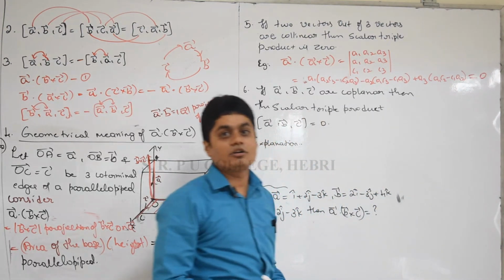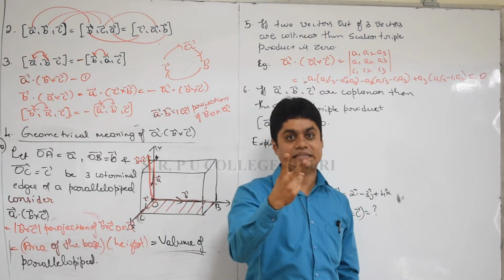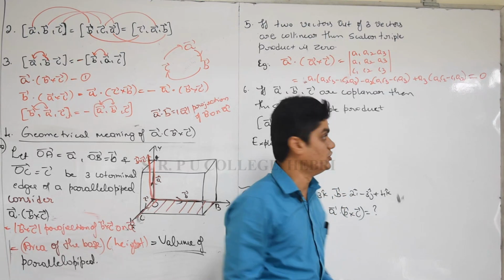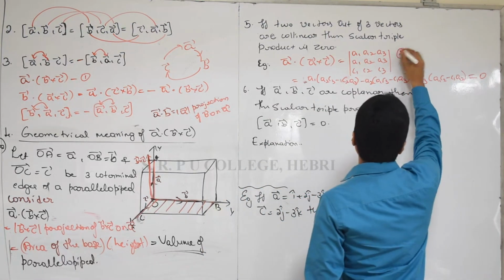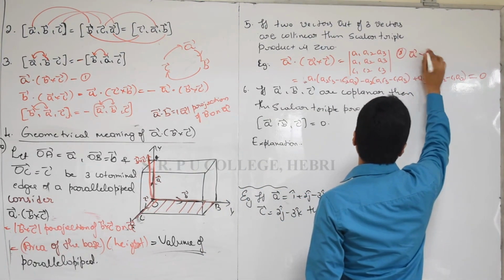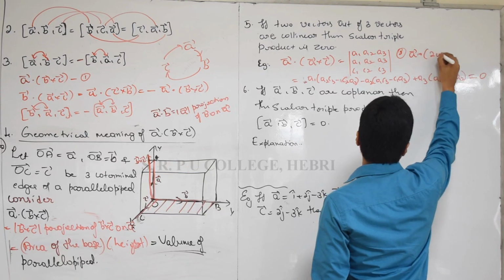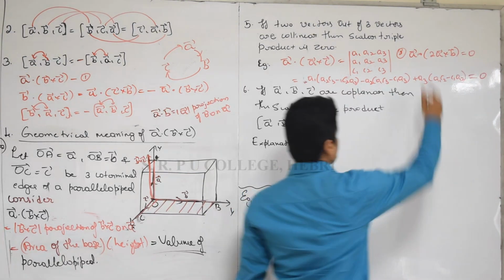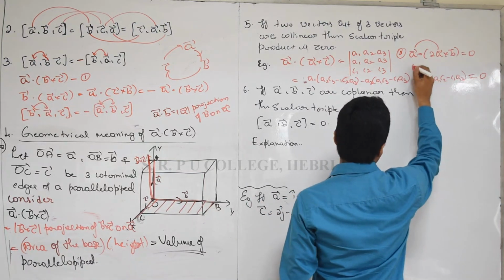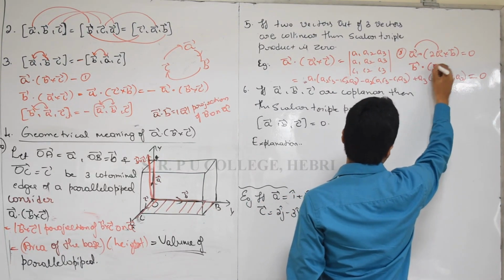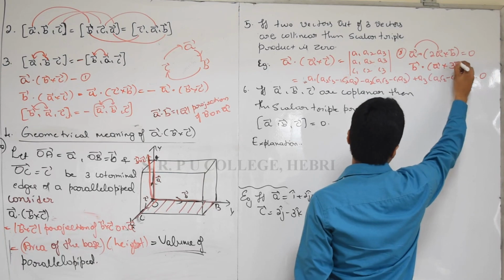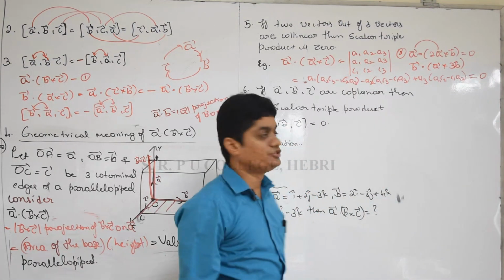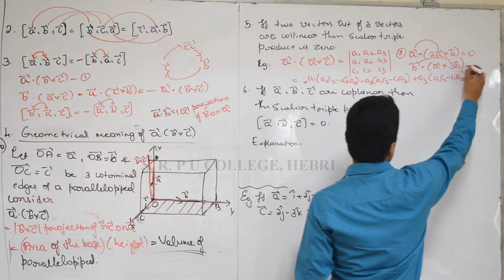So remember, out of three vectors, when two vectors are collinear, the scalar triple product is 0. One more example: if I take vector A dot 2 times vector A cross B, this is also 0 because these two vectors are collinear. Or vector B dot vector A cross 3 times vector B, this is also 0 because these two vectors are collinear.